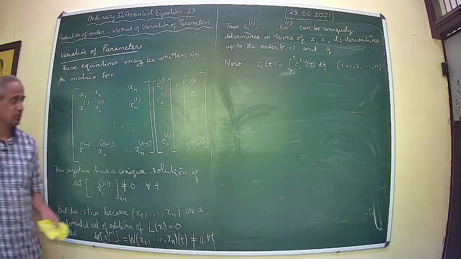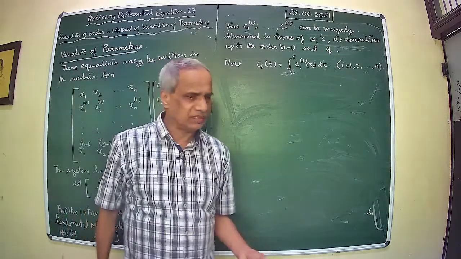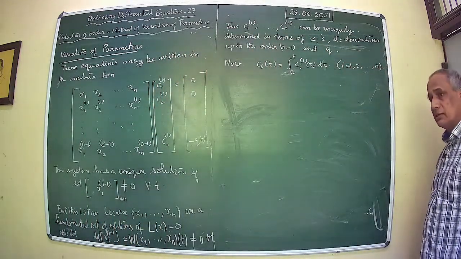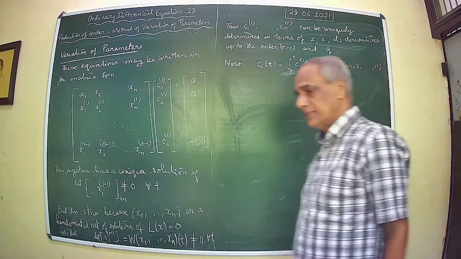I mean, it depends on how good or how bad these functions are, but by quadrature one can determine the Ci's and then use the Ci's.